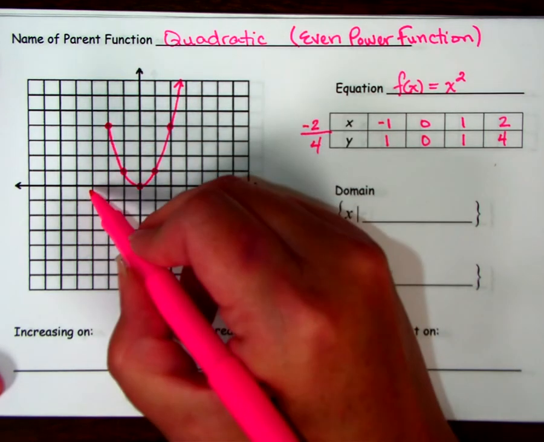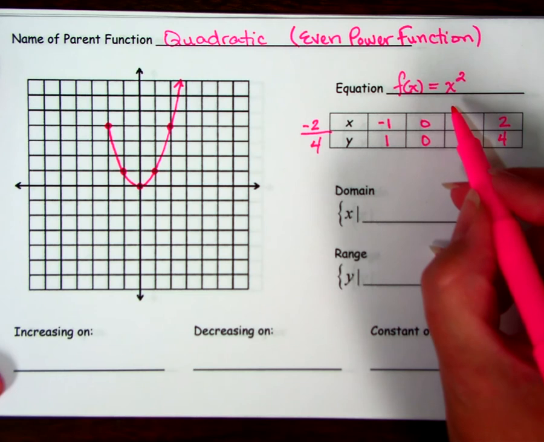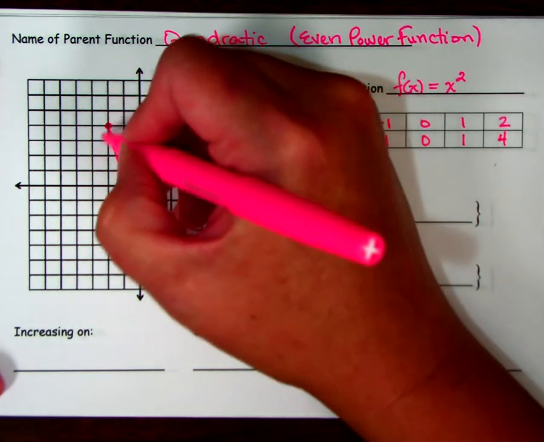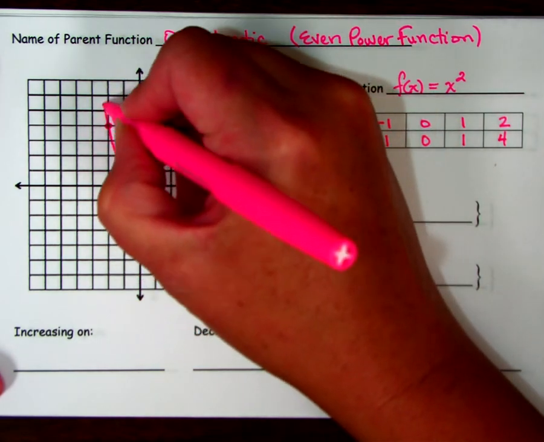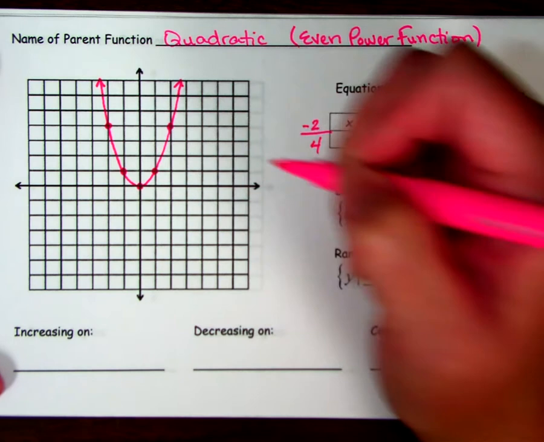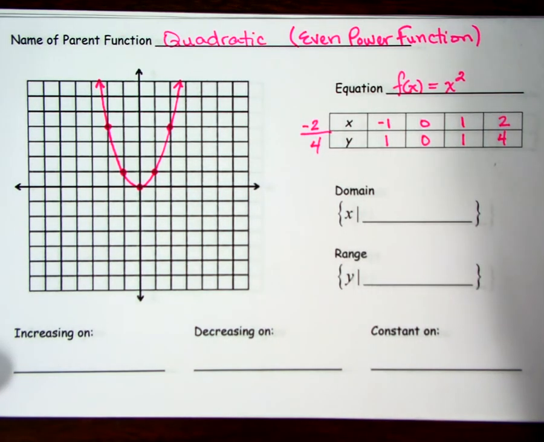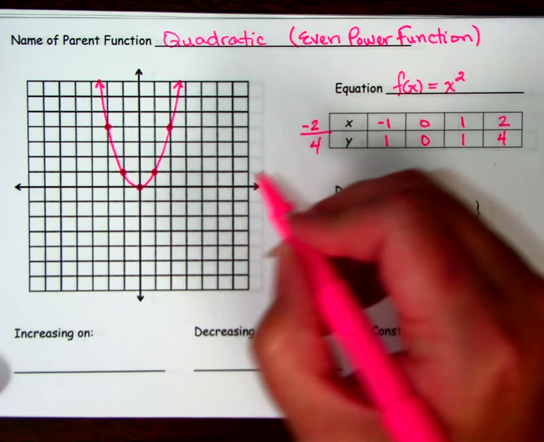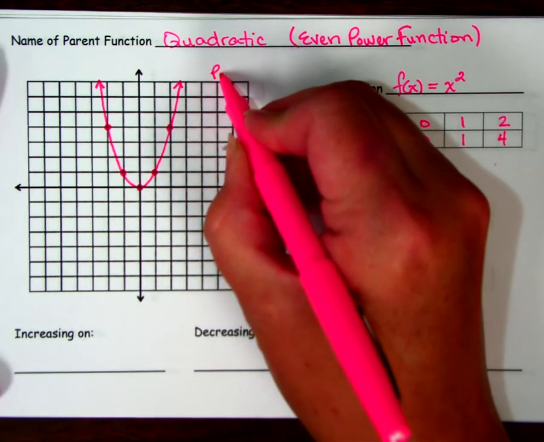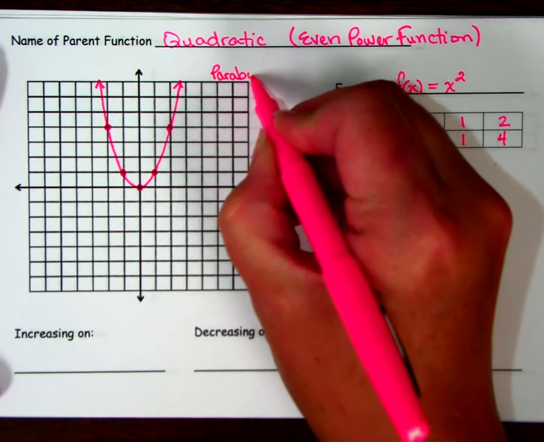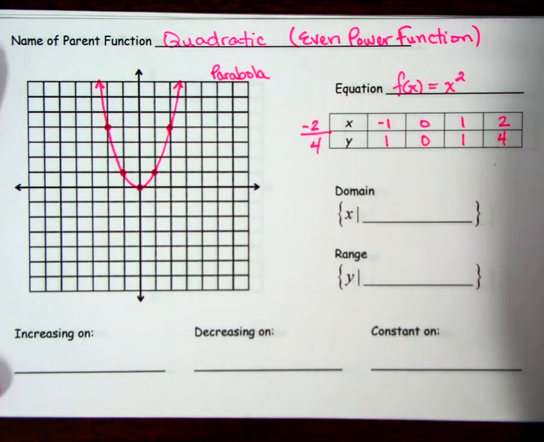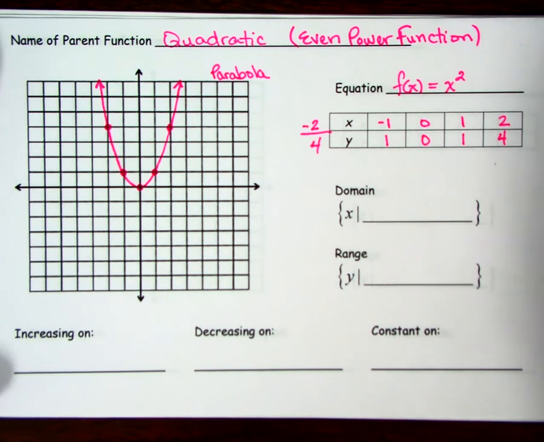If I chose negative 3 and put it in, I would get positive 9 again. So before I get to the next line on here, I would have to make it to 9. The shape of this graph is called a parabola. That's an important shape. We'll study it in depth later.